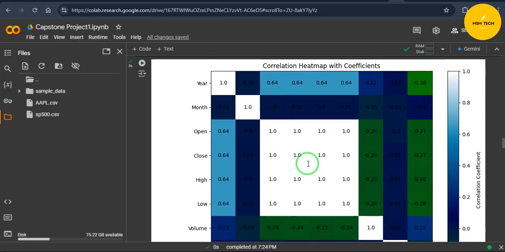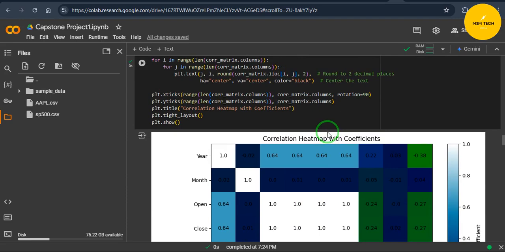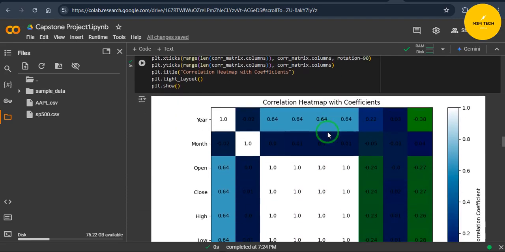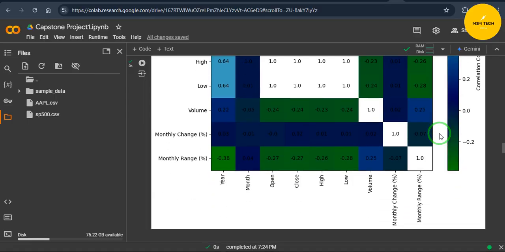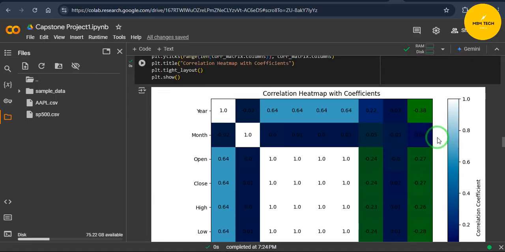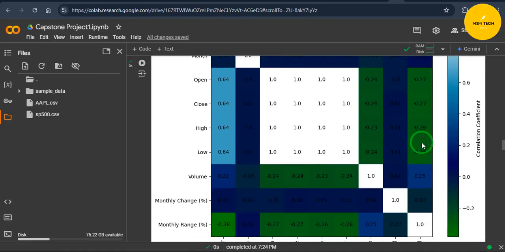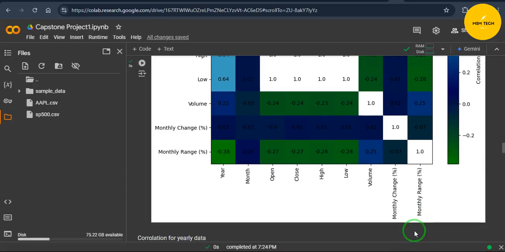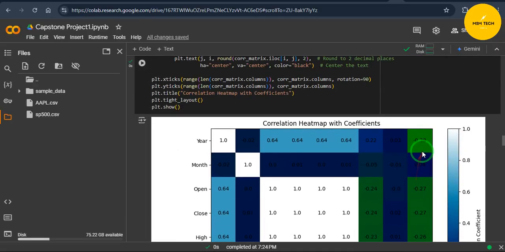Then we can see the correlation matrix in monthly data. And again, we can see the upward trend here. In recent years, the percentage of volatility in a month has decreased.